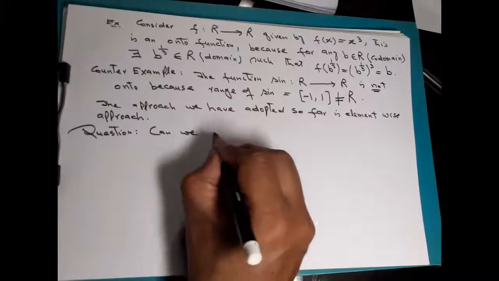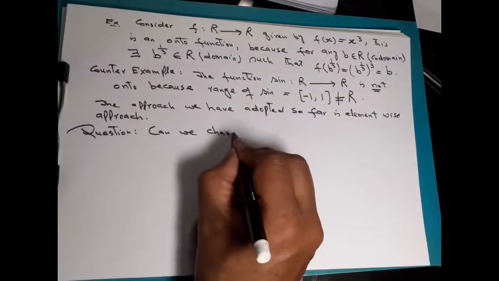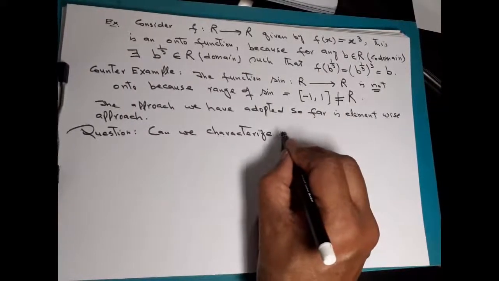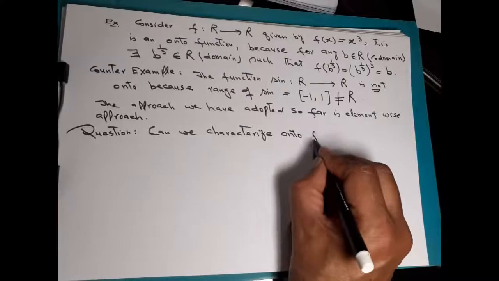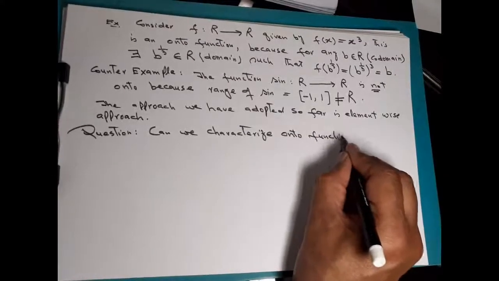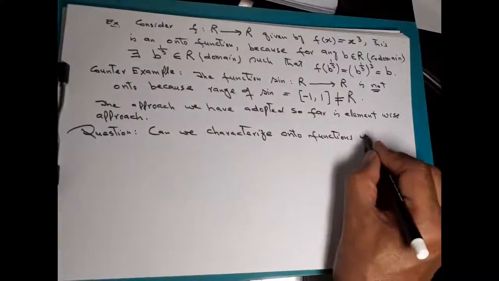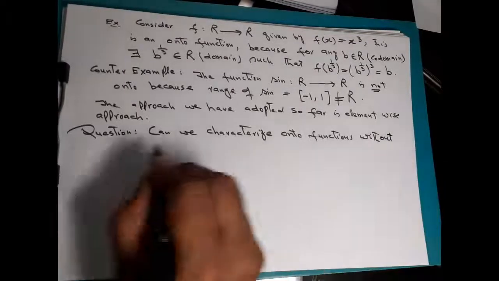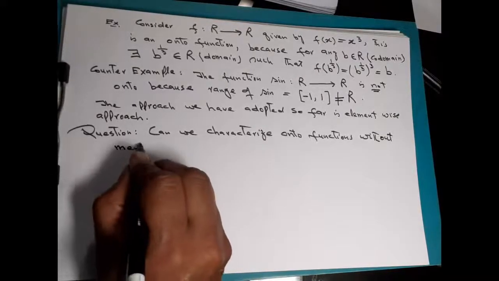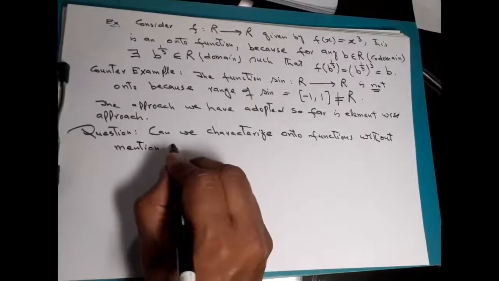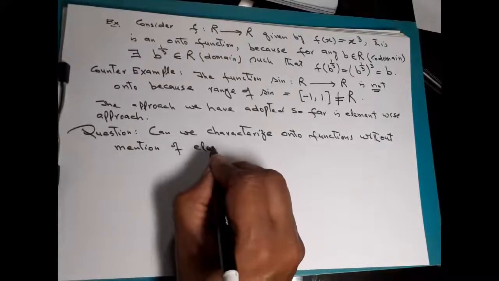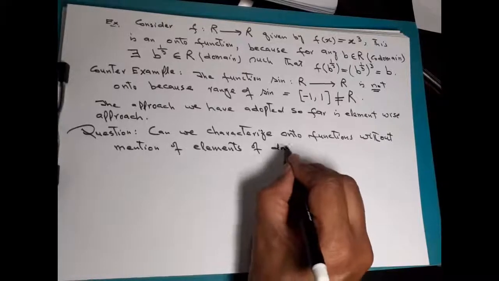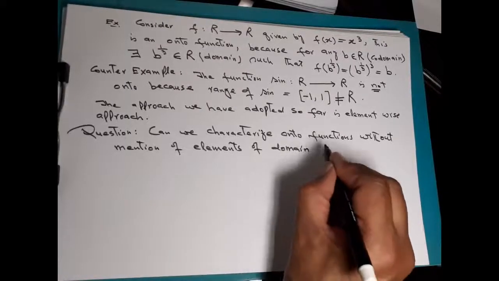Can we characterize onto functions without mention of elements of domain or codomain?